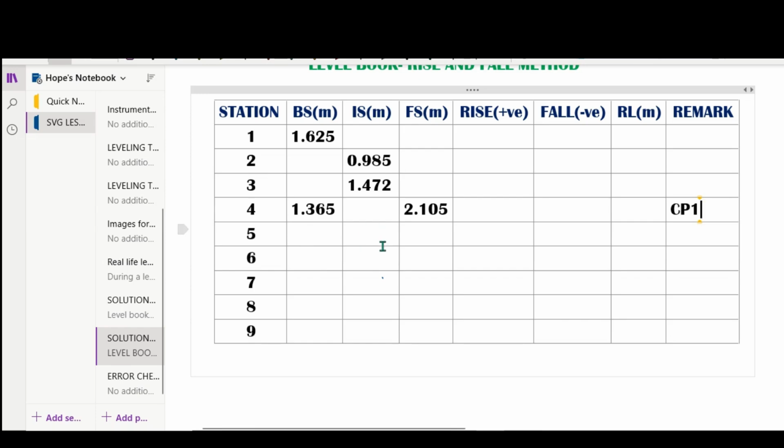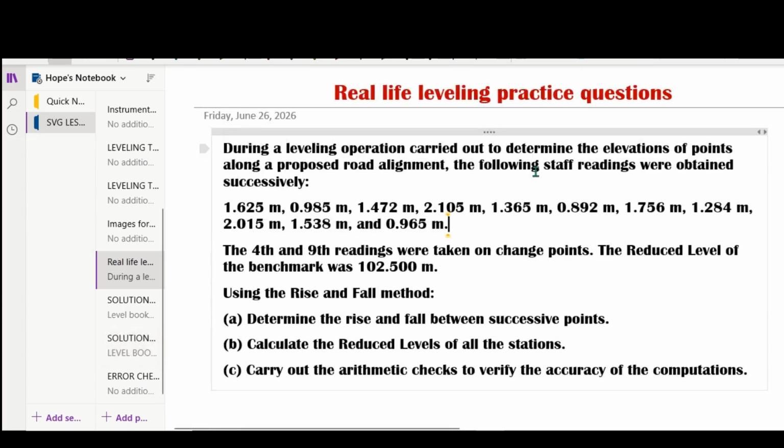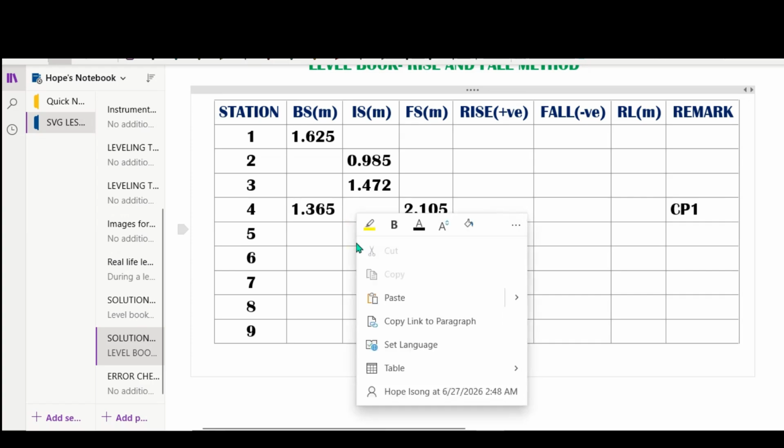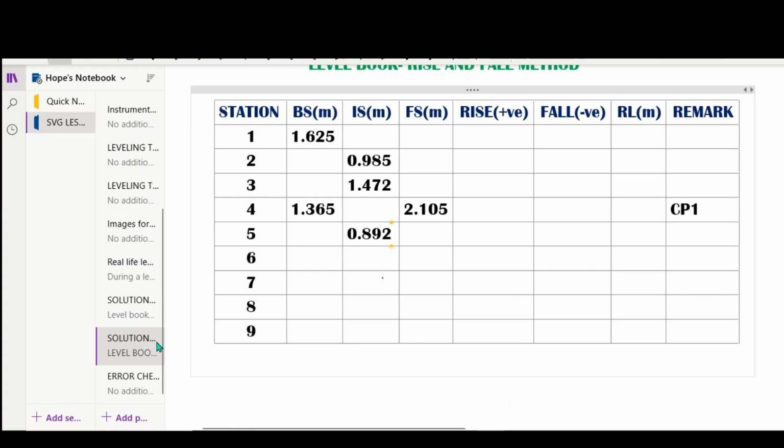The next reading, remember, is going to be our intermediate sight reading. So this is the next reading here, it's going to be our intermediate sight. Since, after putting the backsight, the next reading is intermediate, unless you have to change points.